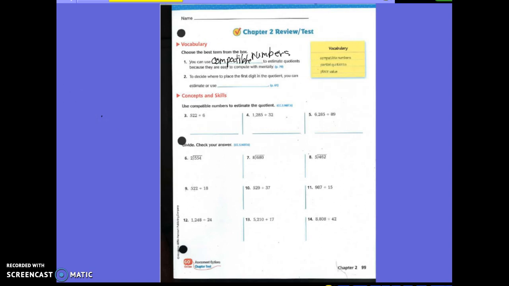To decide where to place the first digit of the quotient, you can estimate or use place value. Remember when we did our estimate, we could tell if it was a number with ones and tens, we needed to place our first digit above the tens.